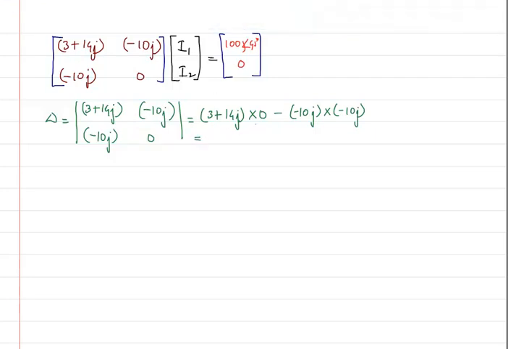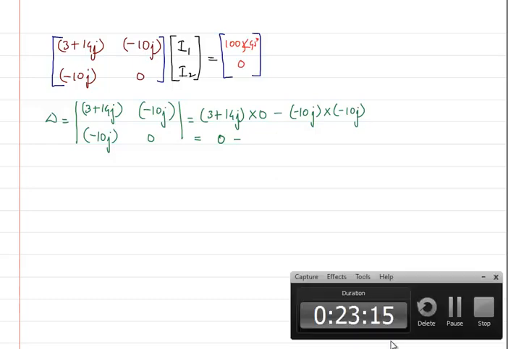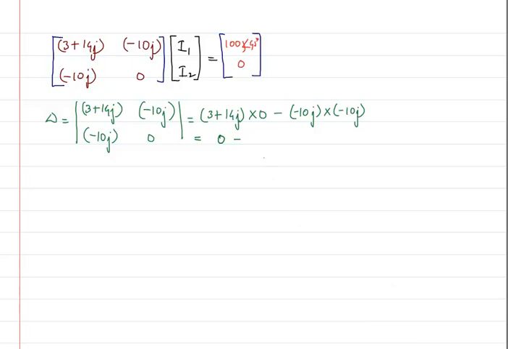So it's going to be this into 0 is 0, minus of minus 10j into minus 10j. Always use a calculator because people make silly mistakes in calculating this, and we will get the answer as 100. So this is minus 100.